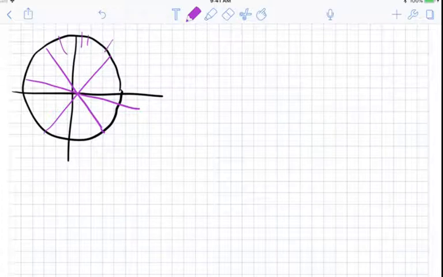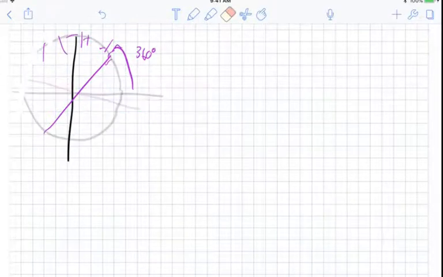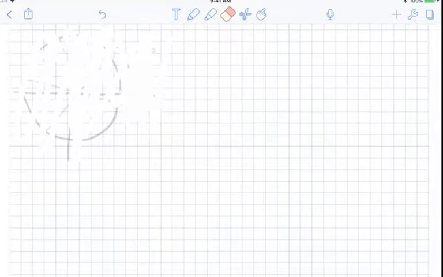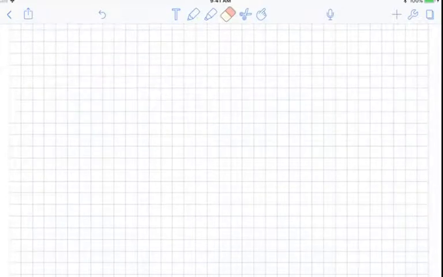Cut it into 60 pieces, and the result is 360 degrees all the way around the circle. So essentially that's how you cut things up in degrees. You have to divide a circle into 360.